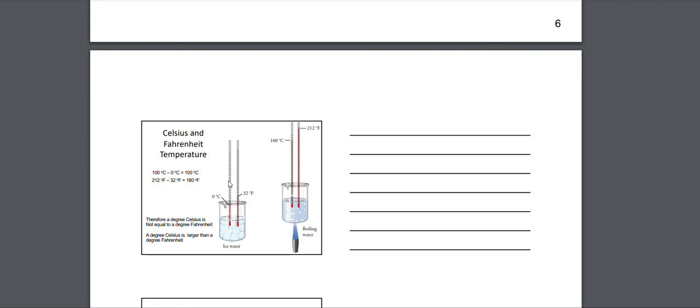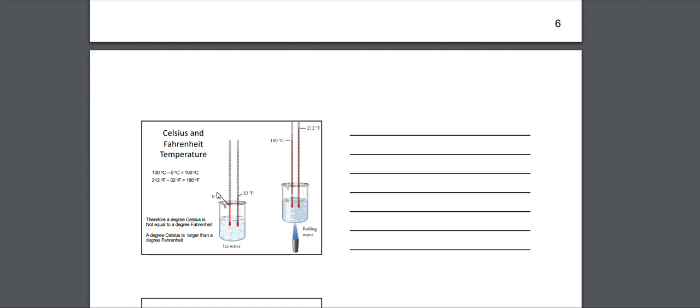On the other hand, Fahrenheit started at 32 and reached 212 at the boiling point, so instead of 100 degrees, we have 180 degrees Fahrenheit.